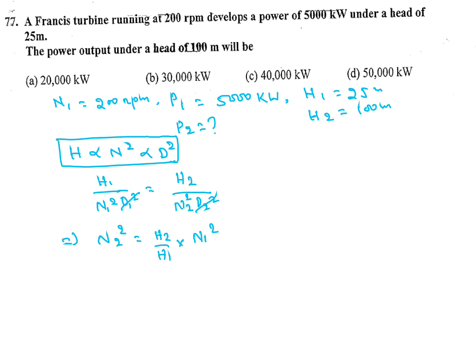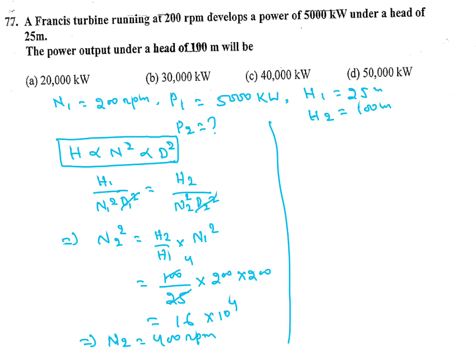H2 is 100, H1 is 25, into N1 square is 200 into 200. 100 by 25 is 4, so 16 into 10 to the power 4. This is N2 square, so N2 is 2 into 200, it will come 400 rpm. Then we will go for power.